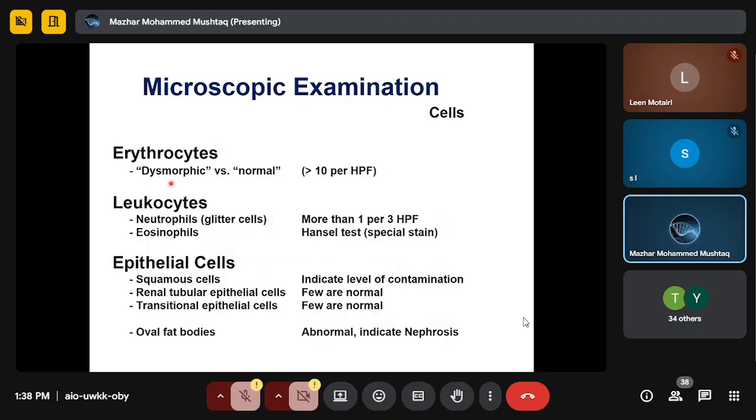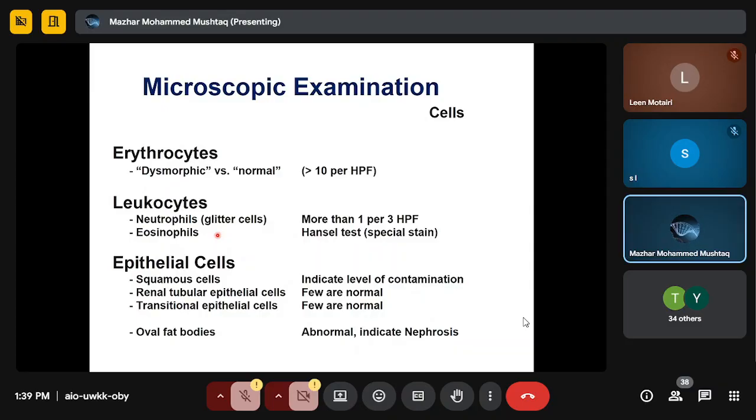Sometimes when the red blood cells are coming from the nephron, right from the glomerular filtration, when they pass through the proximal convoluted tubule and the loop of Henle, they get sort of crumbled. Their shapes are distorted. They no longer have the original shape of the red blood cell, so we call them dysmorphic. You can see them under the microscope.